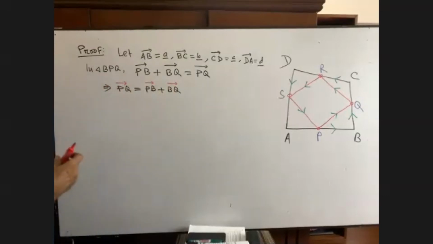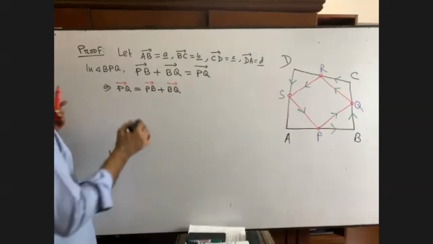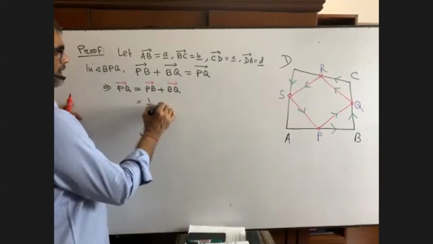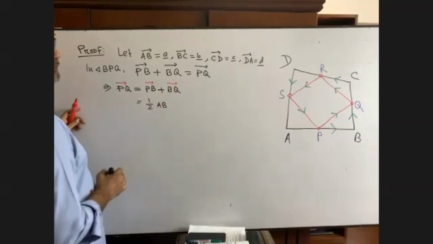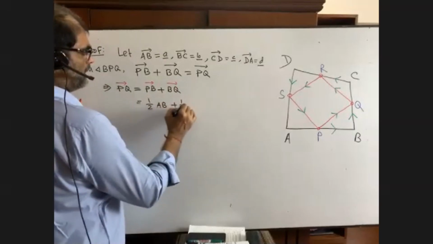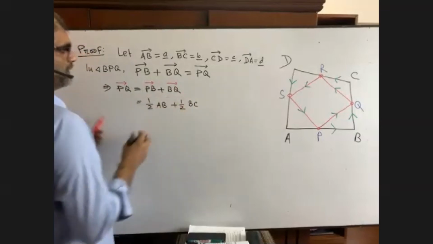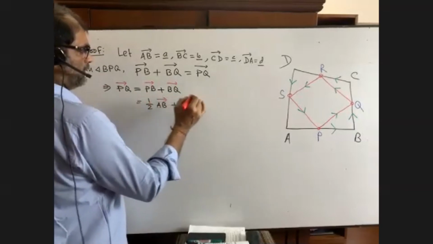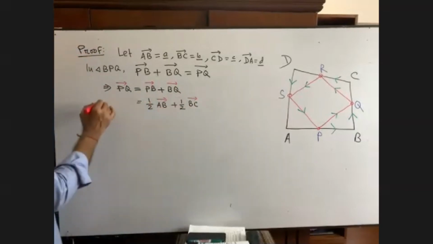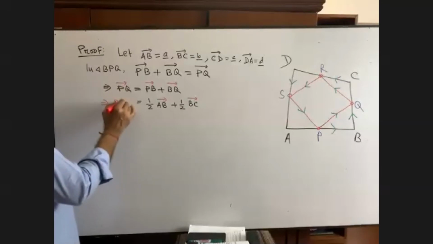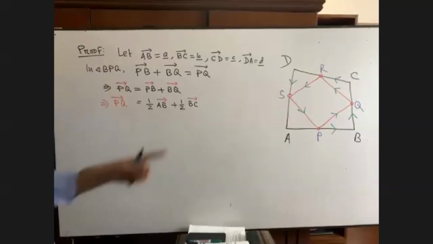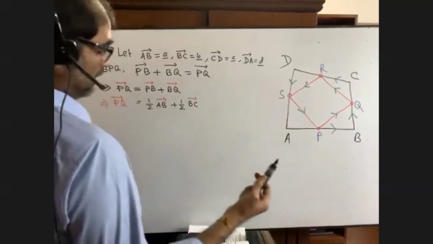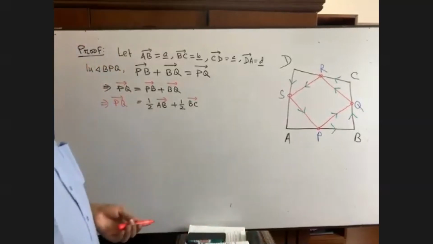Okay. Now, what about PB? PB equals what? P is the midpoint, so can you write half of AB? And BQ equals what? Half of BC. If you don't understand, please let me know. As I told you, P is the midpoint of AB, at the very beginning in the particular enunciation.